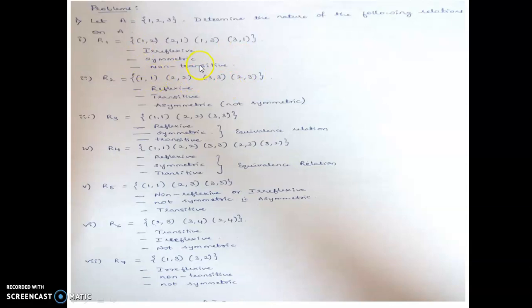Now anti-symmetric. What should be the case for symmetric? (1,2) and (2,1) should both be present. That is called symmetric. So here it is asymmetric, since there is no (1,2), (2,1).